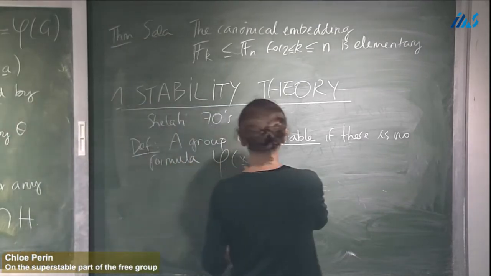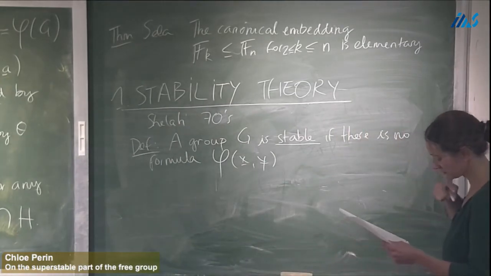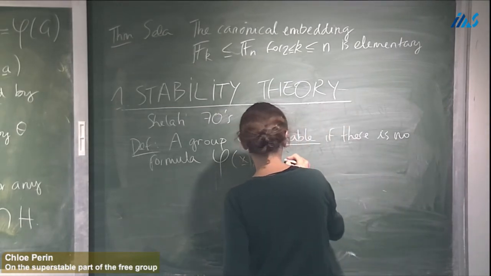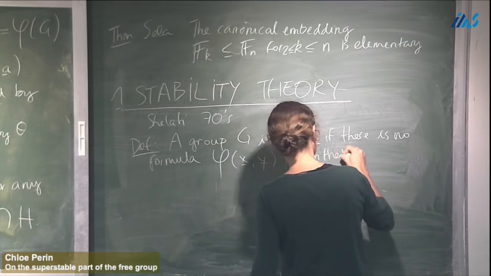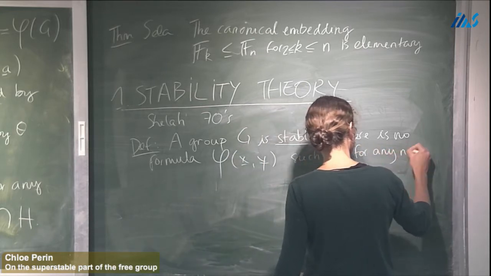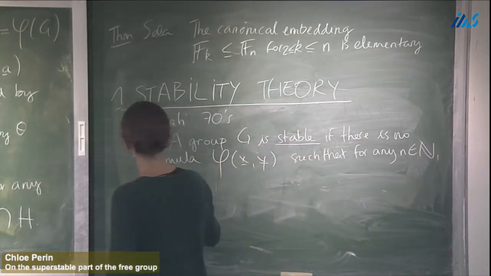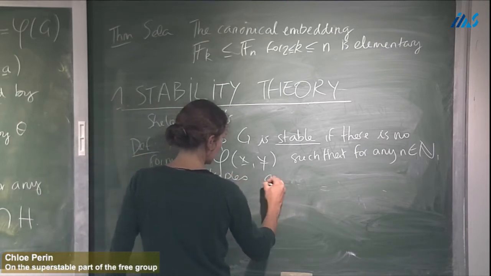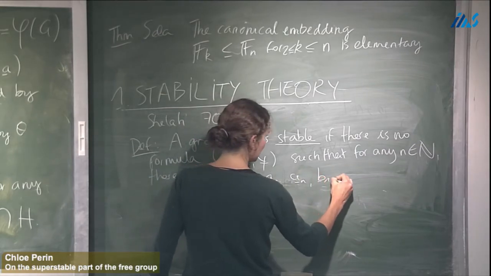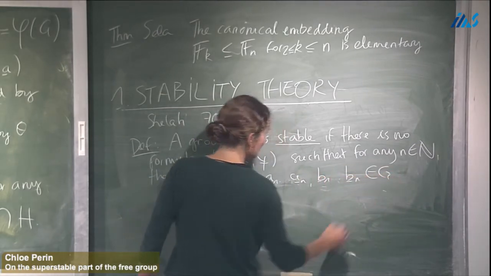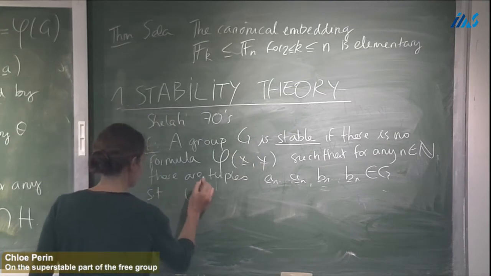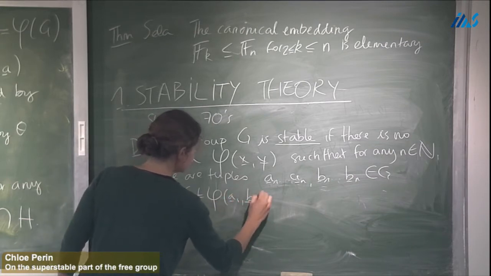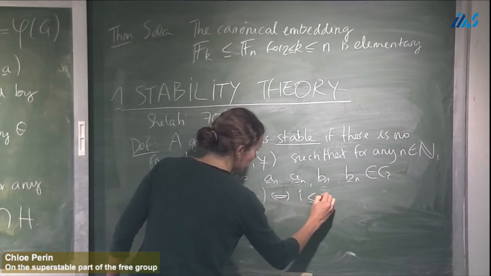So G is stable if there is no formula like this such that for any n, there are tuples a1 up to an and b1 up to bn in G, such that G satisfies phi(ai, bj) if and only if i is less than or equal to j.